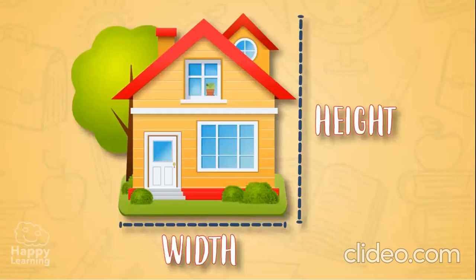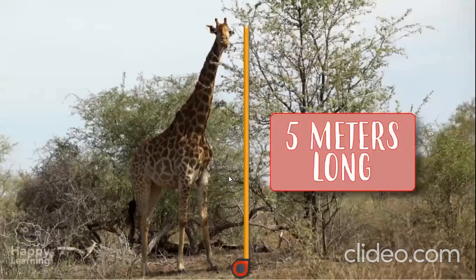Okay, the meter measures distances, as we already said, but it also measures things. For example, this house, and it can measure the height and the width.